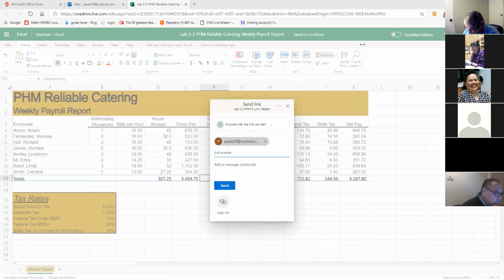Let me see what we need to do on this one. It's just a little table with a chart. This is transportation cost.